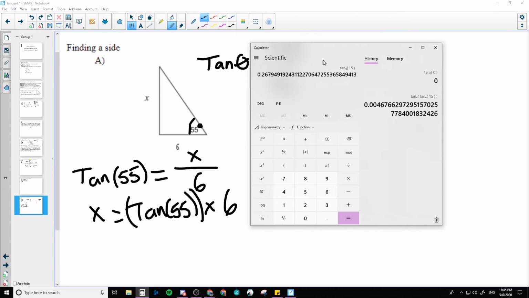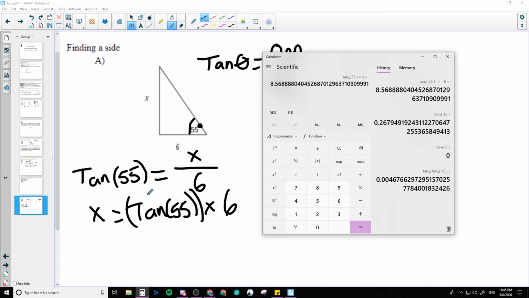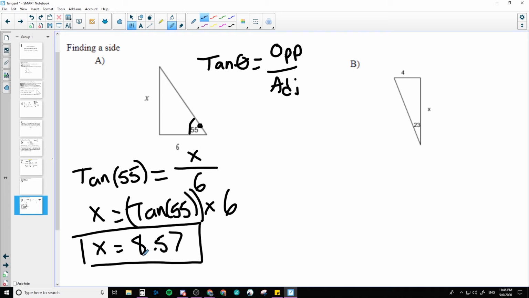So let's grab our calculator here. 55, we want tangent, and then we're going to times this number by 6. And that gives us x equals 8.57. So side x is 8.57 units long.